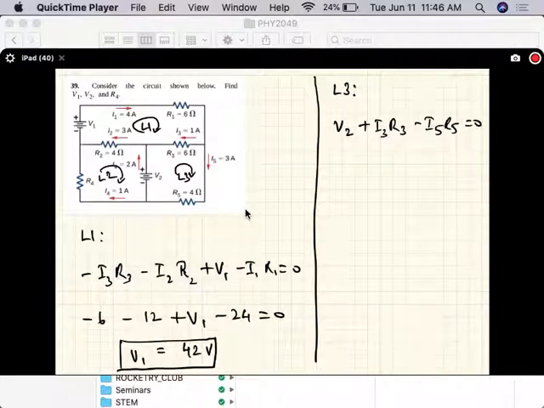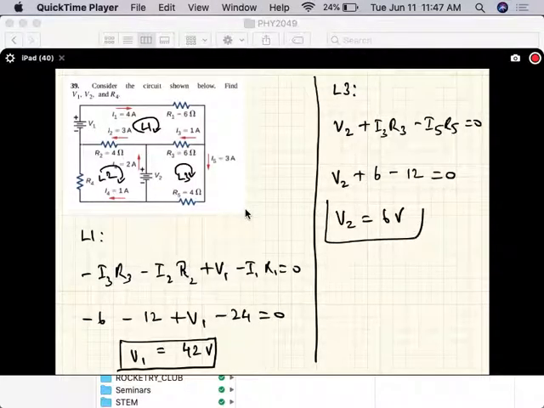And that should equal 0. So V2 plus I3R3 is 6 minus 12 equal to 0. So V2 equal to 6 volts.